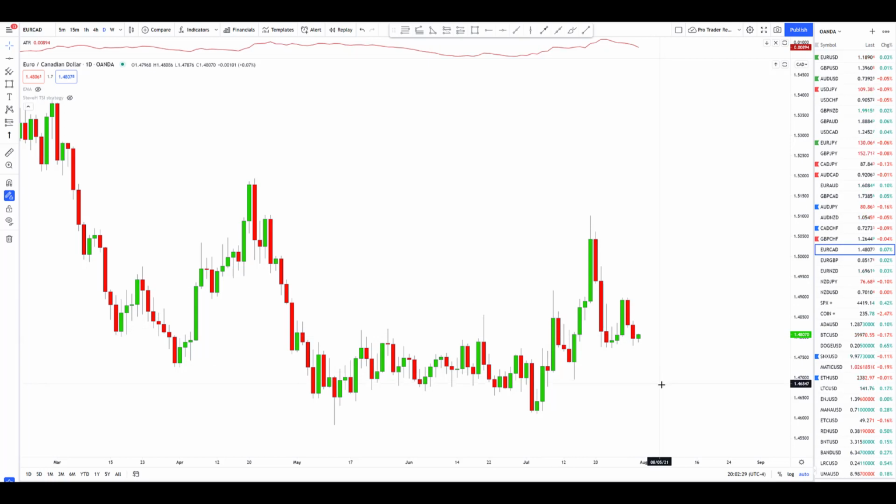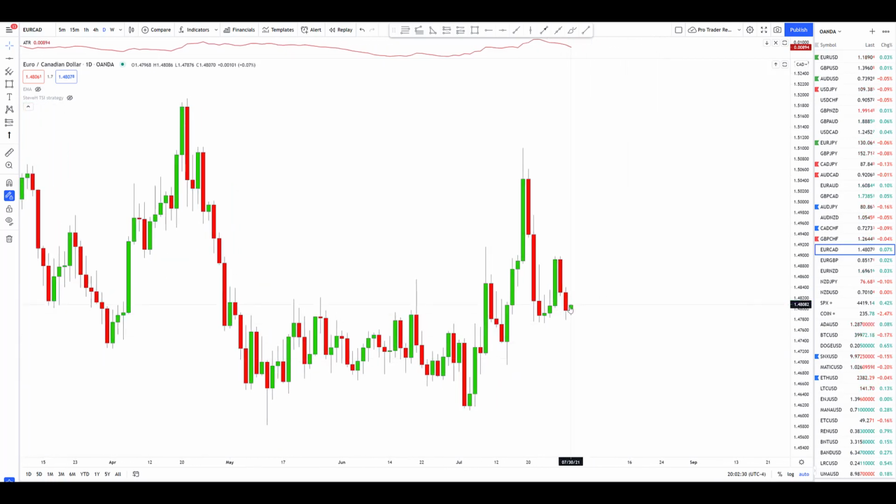Now, the way we're going to do this is, let's take that same scenario of entering a trade right here, and don't even worry about the reason. We're just using this for stops and targets. That's the only thing we're going to be using the ATR for. One of the ways we will use the ATR is we will have an entry, let's say here, and we will take one ATR of the current candle, which is 89 pips, and we will do something called add 10, which I'm guessing you already know what that means.